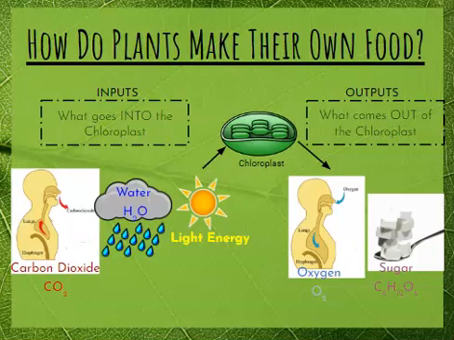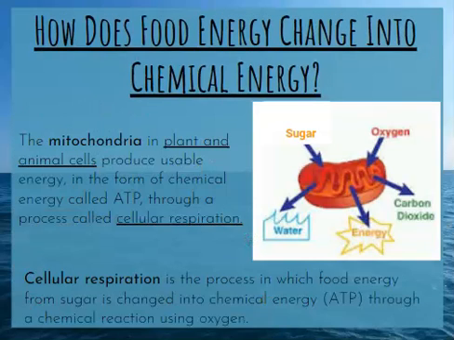Once that happens in a plant cell, the food gets shipped over to the mitochondria. Or in an animal cell, the animal has to eat food, a plant, or some other organism that has eaten a plant.